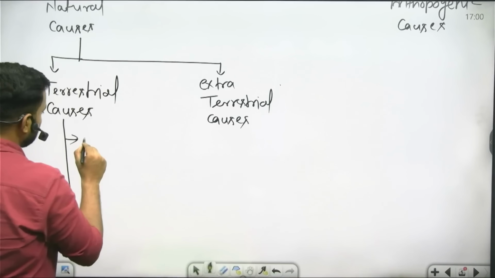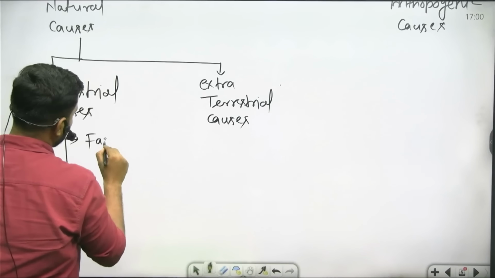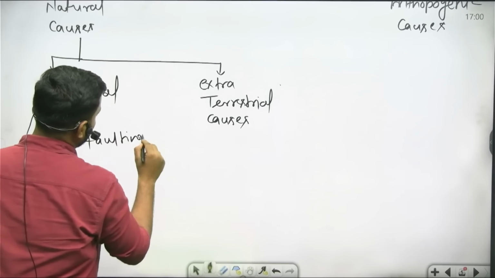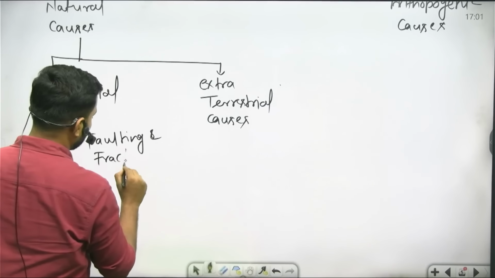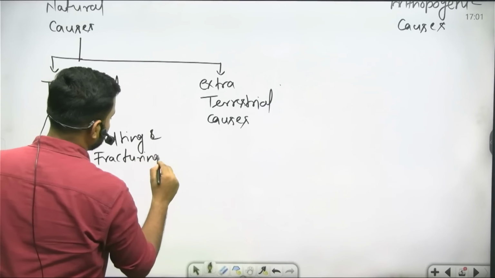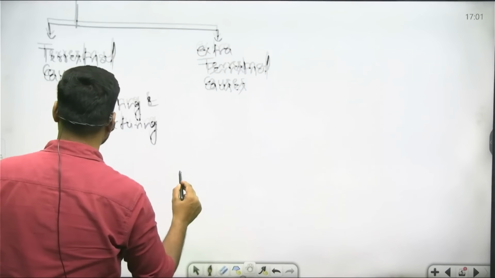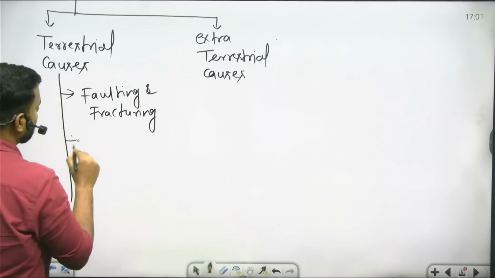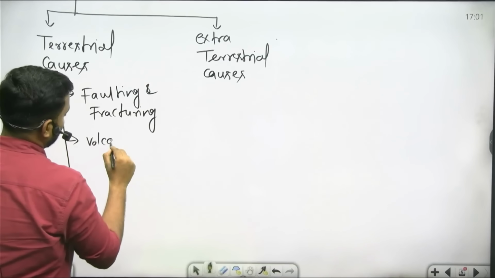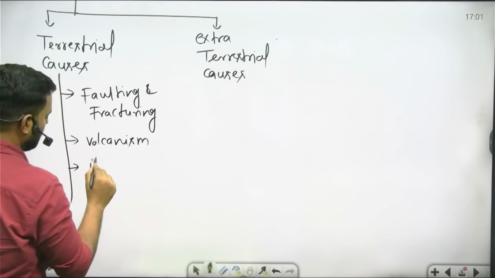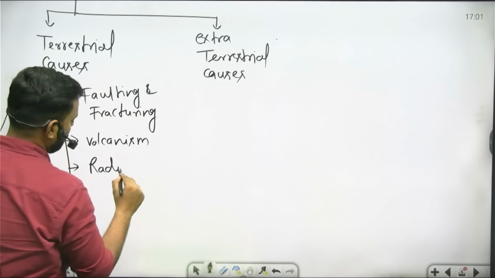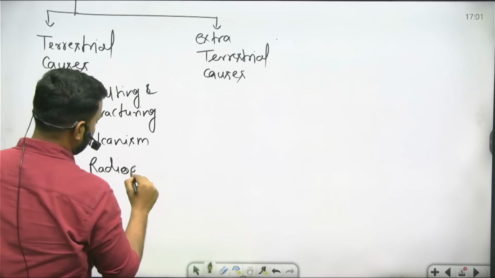The first one is faulting and fracturing. The second one is volcanism. The third one is radioactivism.